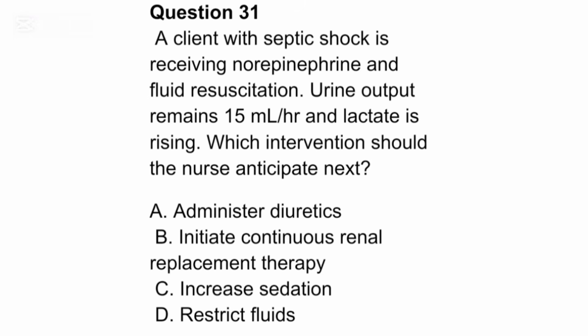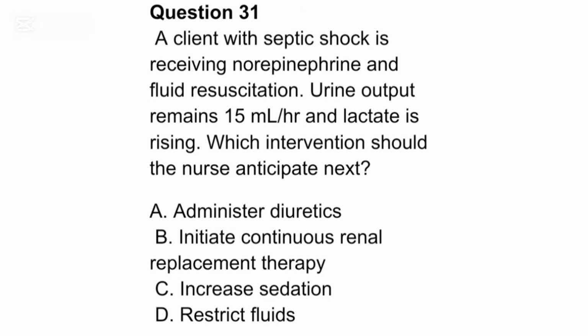Question 31. A client with septic shock is receiving norepinephrine and fluid resuscitation. Urine output remains 15 milliliters per hour, and lactate is rising. Which intervention should the nurse anticipate next? A. Administer diuretics. B. Initiate continuous renal replacement therapy. C. Increase sedation.